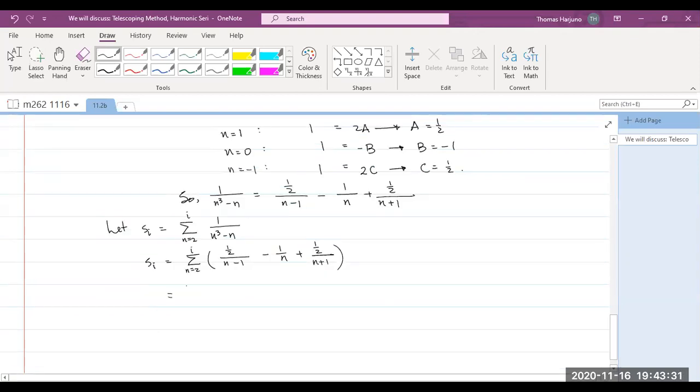So when n equals 2, I get 1 half over 1 minus 1 half plus 1 half over 3. When n equals 3, that's 1 half over 2 minus 1 over 3 plus 1 half over 4. I think I need to do more. 1 half over 3 minus 1 over 4 plus 1 half over 5.